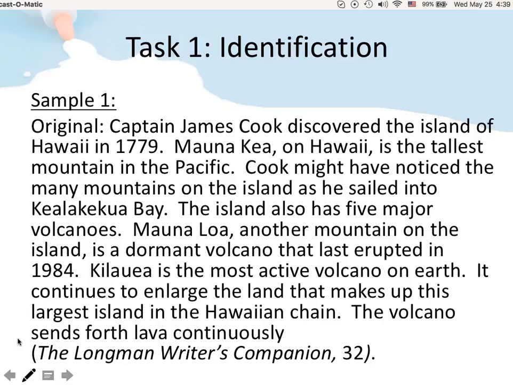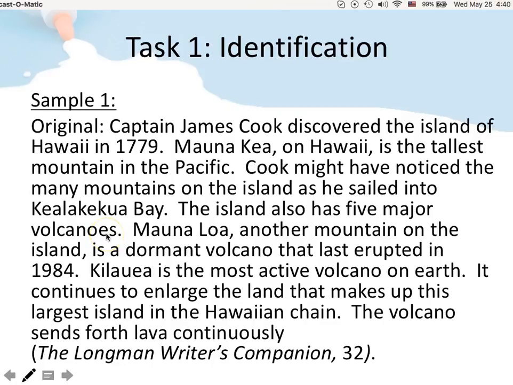This first sample is a short text that has some cohesive elements, but that could really be improved. The text is about Captain James Cook, who's discovering Hawaii and goes on to talk about the mountains as well as the volcanoes.